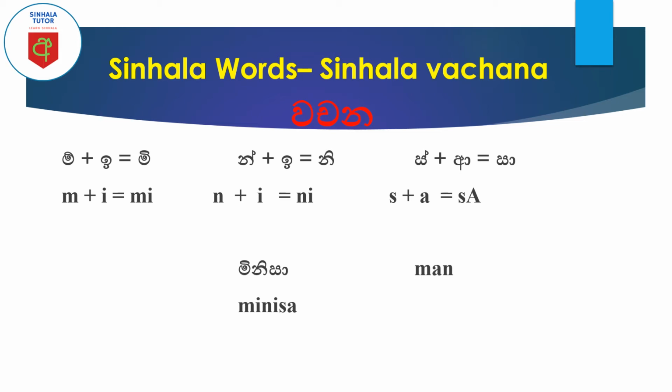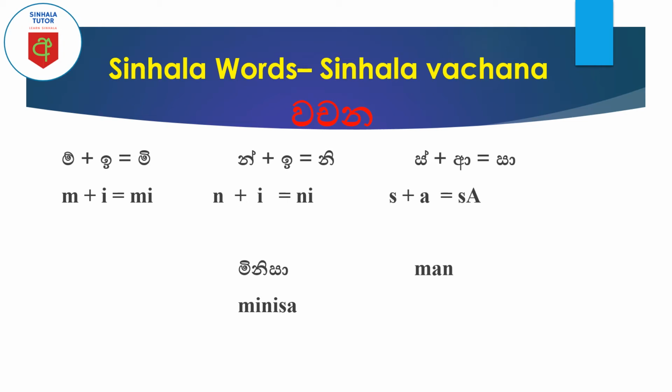And the third letter is sa, which is produced with the consonant s plus vowel a. So the result is the letter mi, the letter ni, the letter sa: m-i, n-i-s-a, minisa. The meaning of minisa is man.